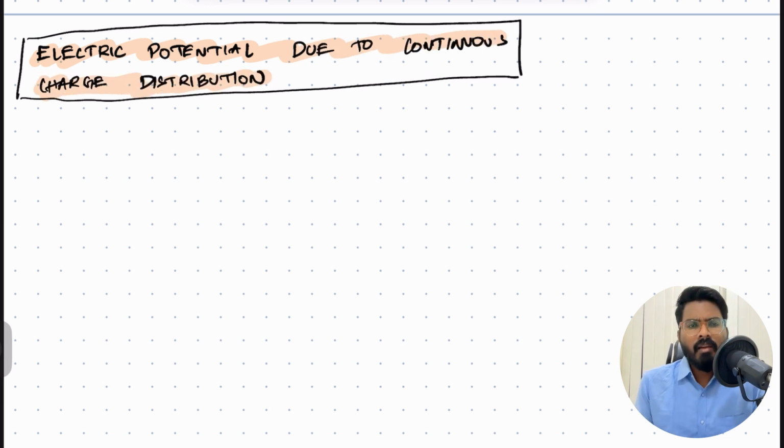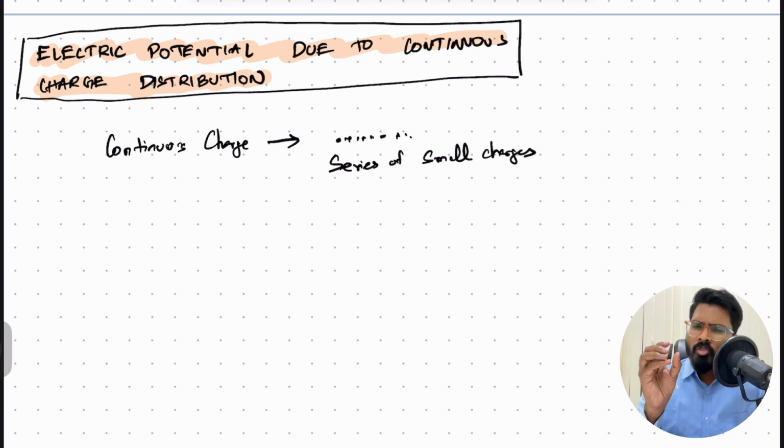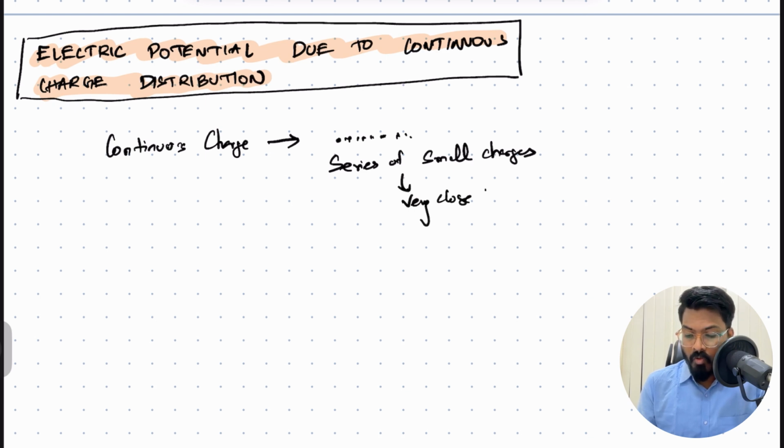What is a continuous charge? Let's first try to define that. A continuous charge is nothing but a series of small charges, but they are so close, very close to one another.